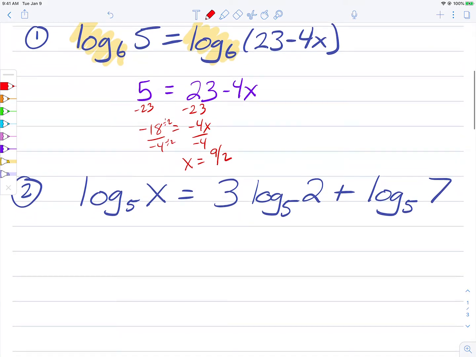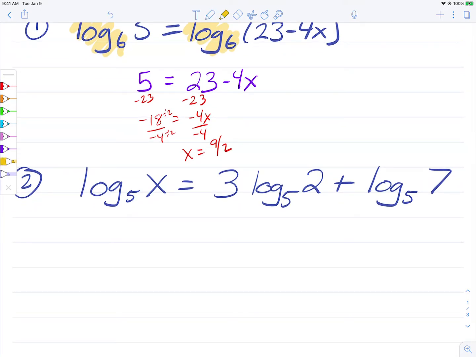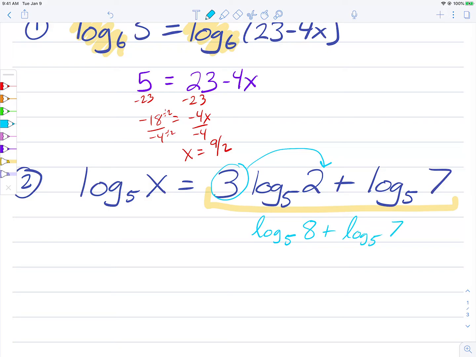Let's try another one. Problem number 2. First, you'll notice that on the right-hand side, it is 2 separate logs. So we need to actually use the property of logs first. If you have a 3 out front, it really is an exponent. So this is really log base 5 of 2 to the third power, which is 8, plus log base 5 of 7.